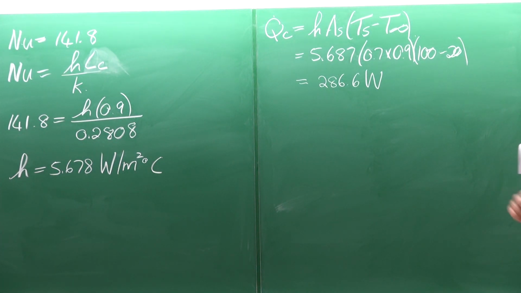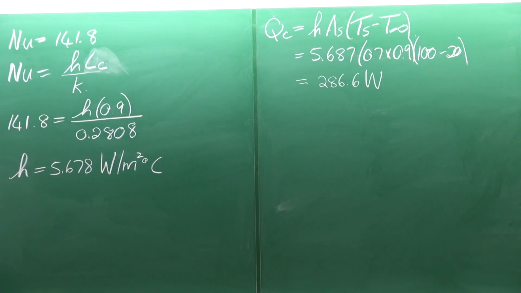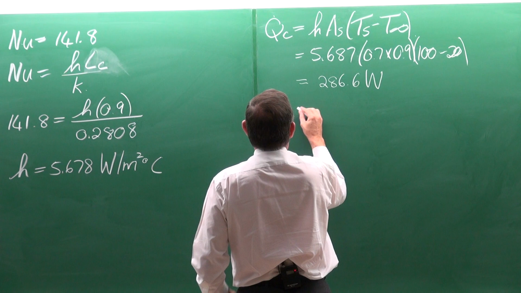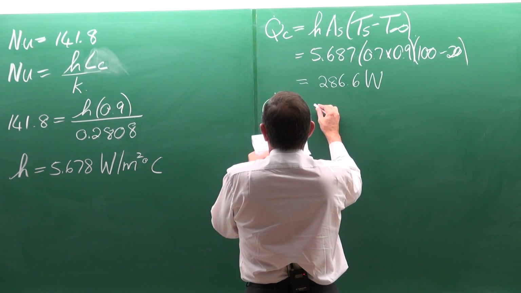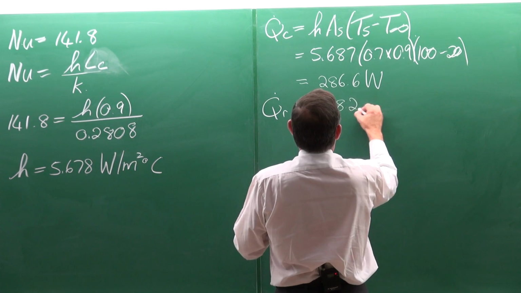As I mentioned with the previous problem, radiation normally plays a big role in natural convection problems. Here we've seen how we can calculate it just using an emissivity of 1, surface area, the equation, etc. If you do that, you'll see that the radiation heat transfer is approximately 428.2.